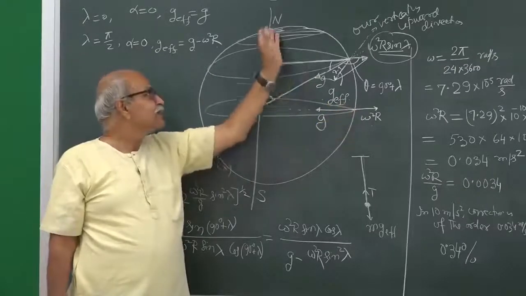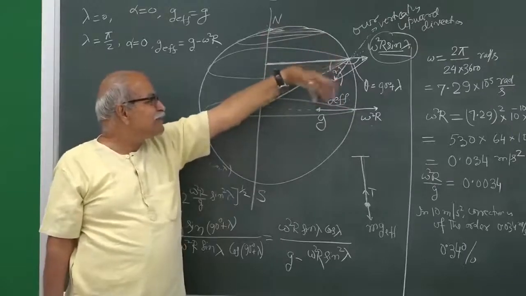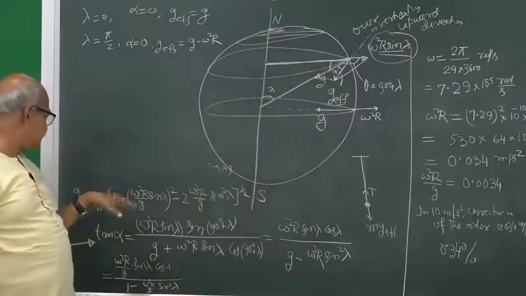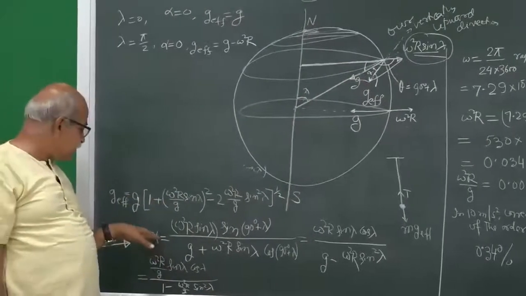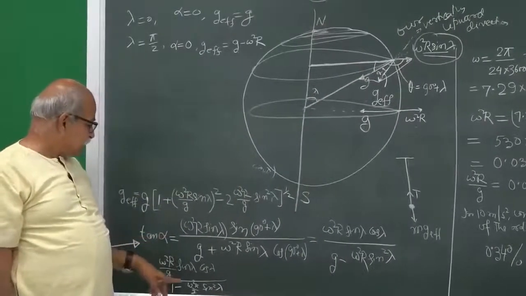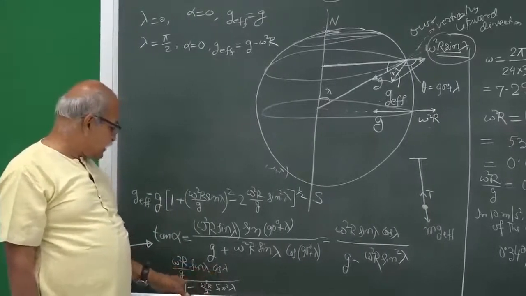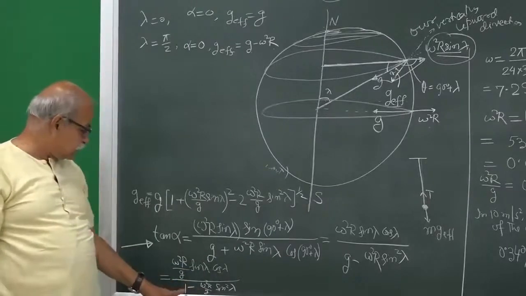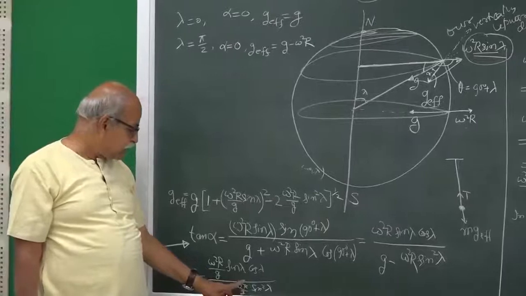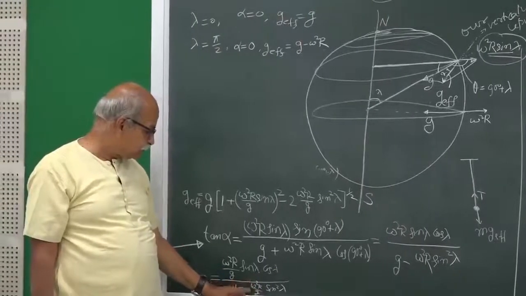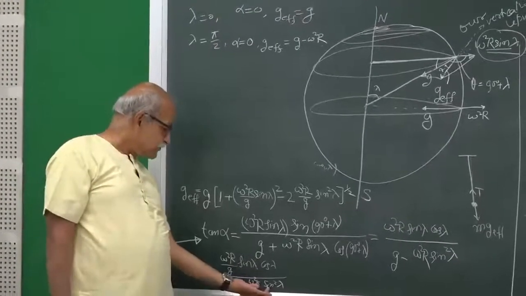Whether it gradually decreases or there are some maxima and minima in between, that we can see from this expression. But first the deviation angle alpha. If you see this sine lambda cos lambda, then since this quantity, omega square r by g, 0.0034 unitless, is very small, the whole quantity is very small.